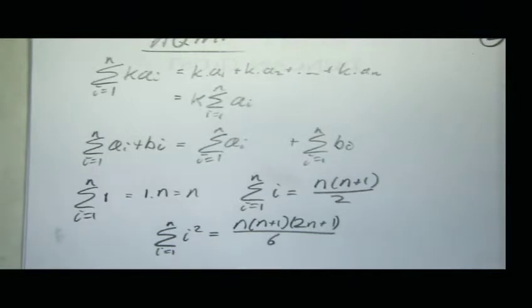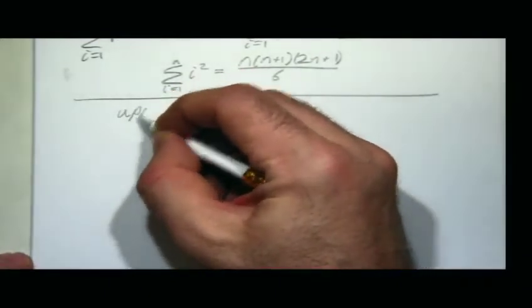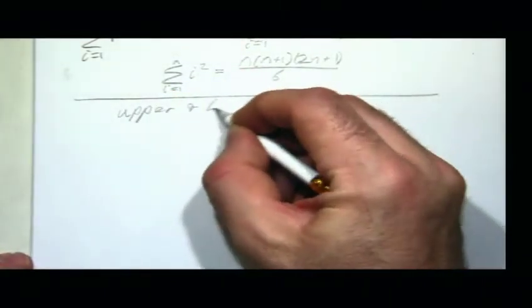Let's move on. So I'm just going to put a line under that. Your upper and lower sums. When I'm doing an upper and lower sum, I'm going to express this in summation notation.